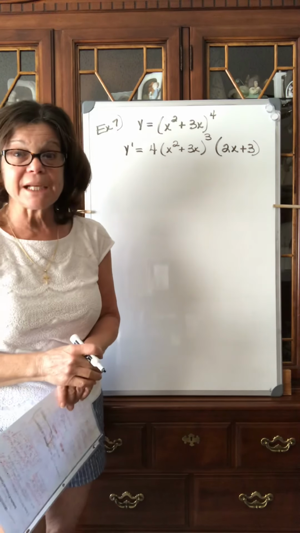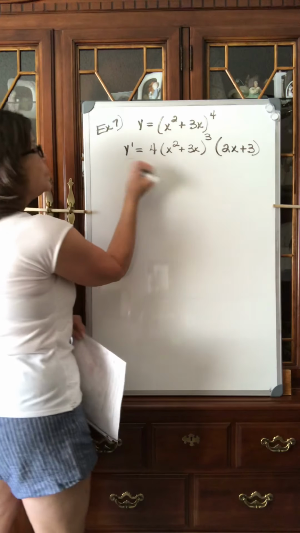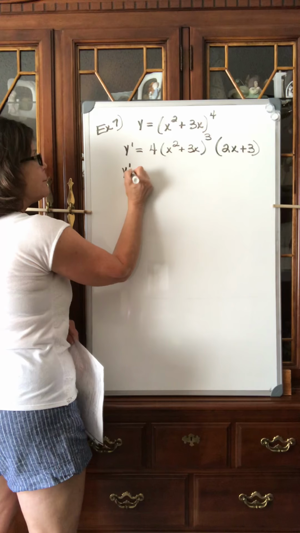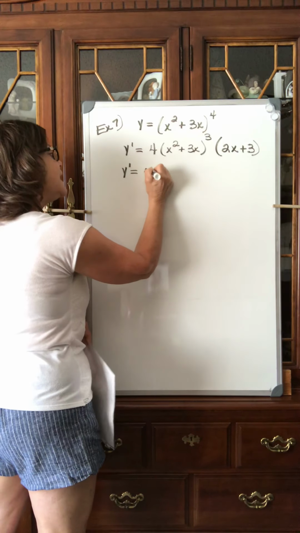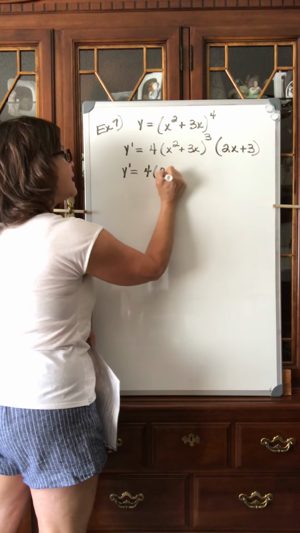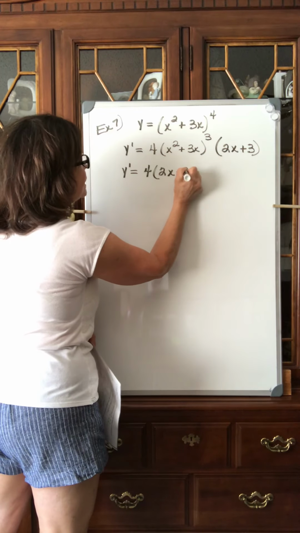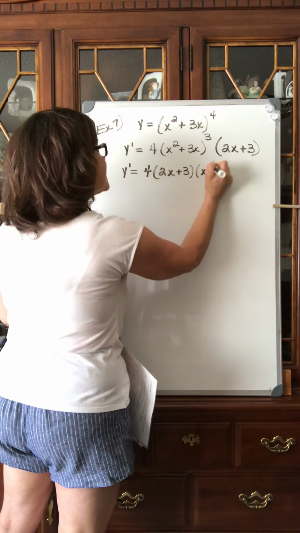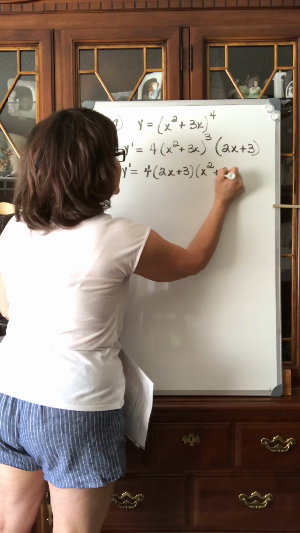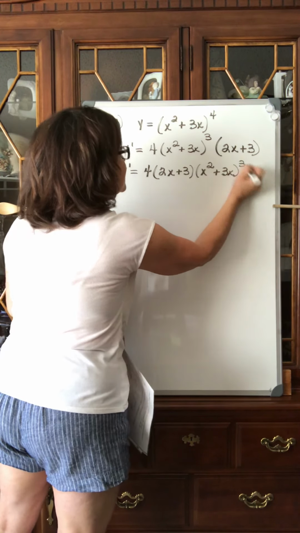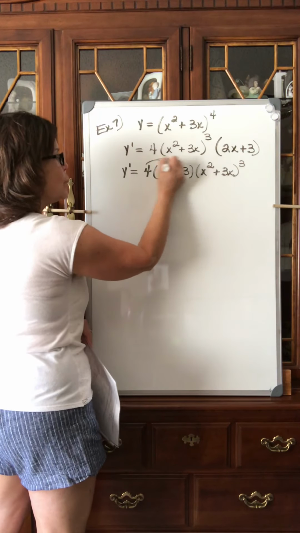I have one more step that I have to do. I'm going to reorder this so you understand what I'm doing. I'm going to use the commutative property. I have a 4, times 2x plus 3, and then I have x squared plus 3x cubed. I'm just going to distribute the 4 to these two things.